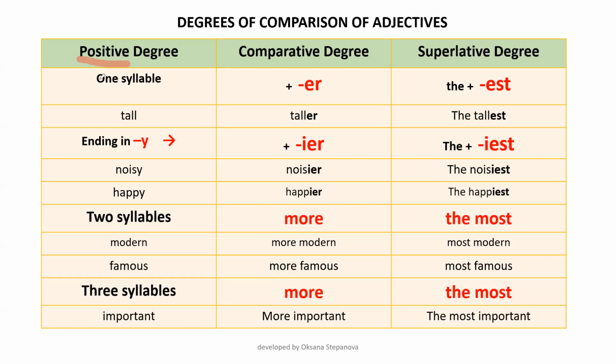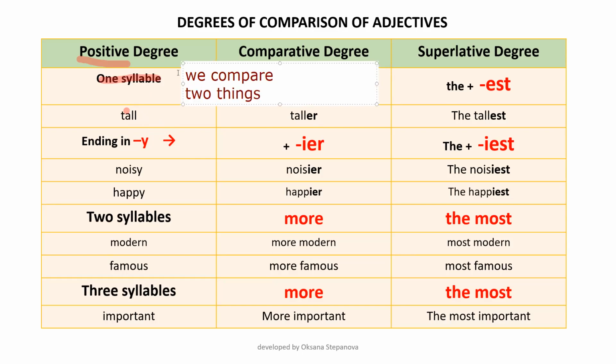So we start with one syllable adjectives. One syllable means one vowel. In the example, I use a very simple adjective, tall. A tall boy. When you want to compare things in the comparative degree, we compare two things.